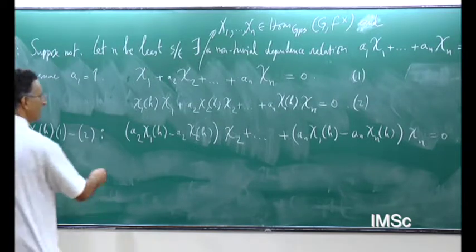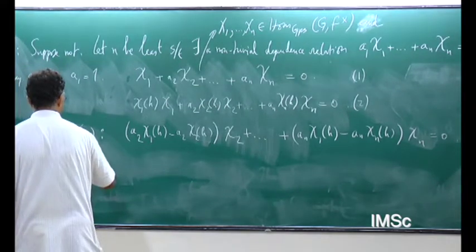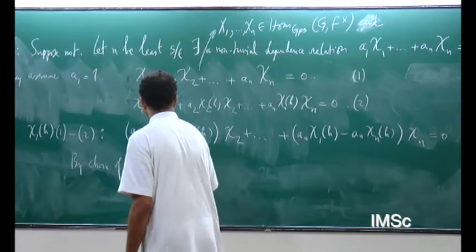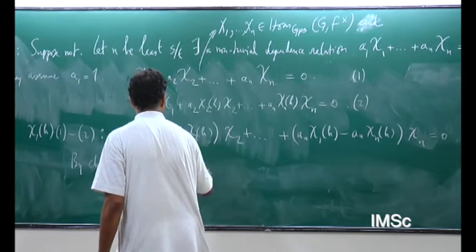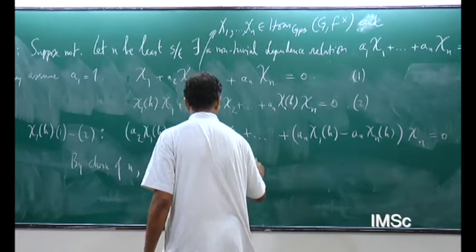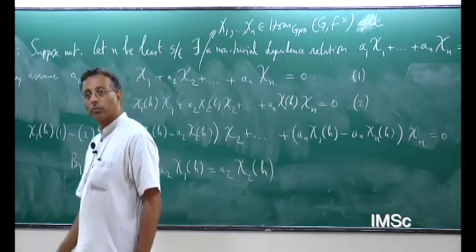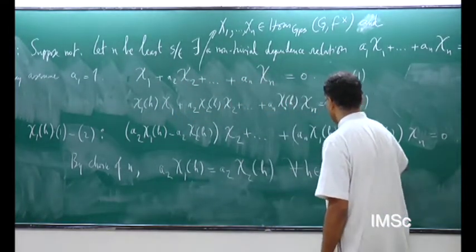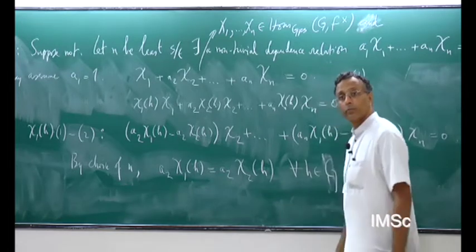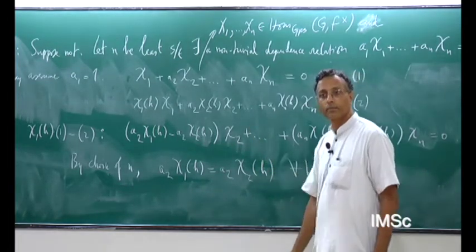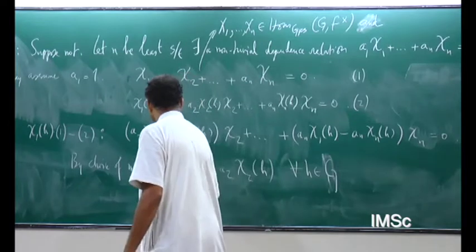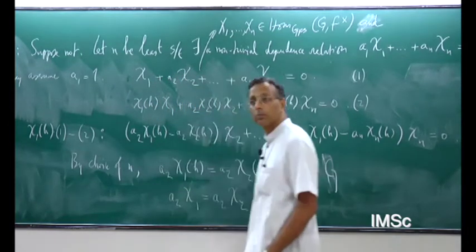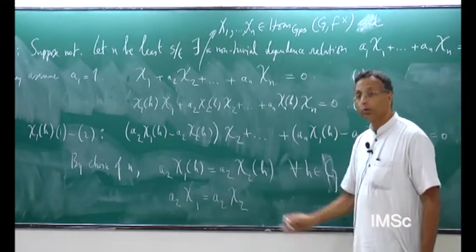So by choice of n, I get a2 chi1h is equal to a2 chi2h, but this is for all h. Therefore I can erase the h. So a2 chi1 is equal to a2 chi2, but a2 is non-zero.